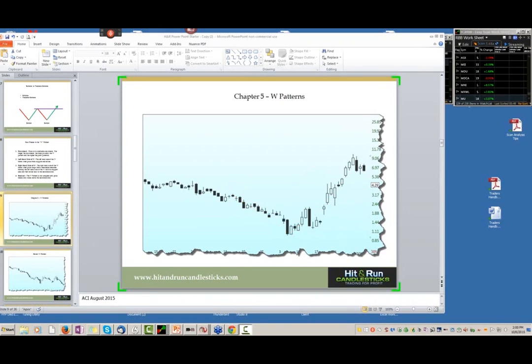Now, I just realized usually I clip off the prices, because I don't want to get tied up in what is this chart, or what's the price of the chart, because that gets us off the education side of things, and tends to put us in the mindset of, hey, is that a trade that I can trade today? Many of these were actually clipped from very recently, and we're not here to look for a chart I can trade today. What we're here for is how do we trade that W pattern?